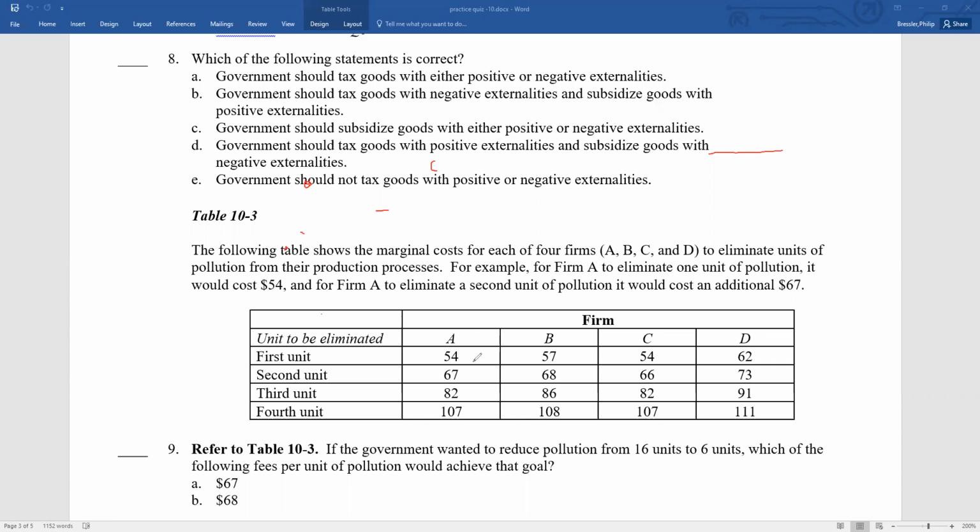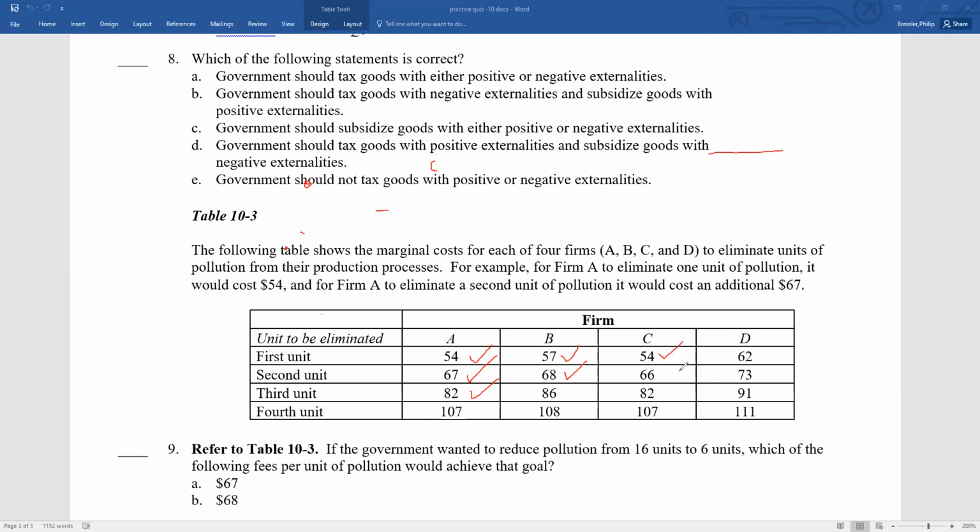So for 83, A could cancel the first unit, costs 54, government gives you 83. Second unit costs 67, government gives you 83. Third unit costs 82, government gives you 83. Fourth unit, government gives you 83, costs 107. No. For B, 57, government's giving you 83, 68, 83.